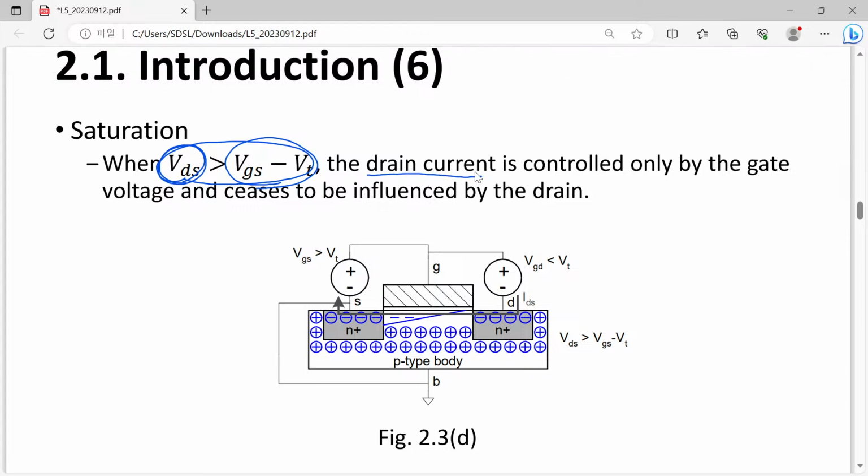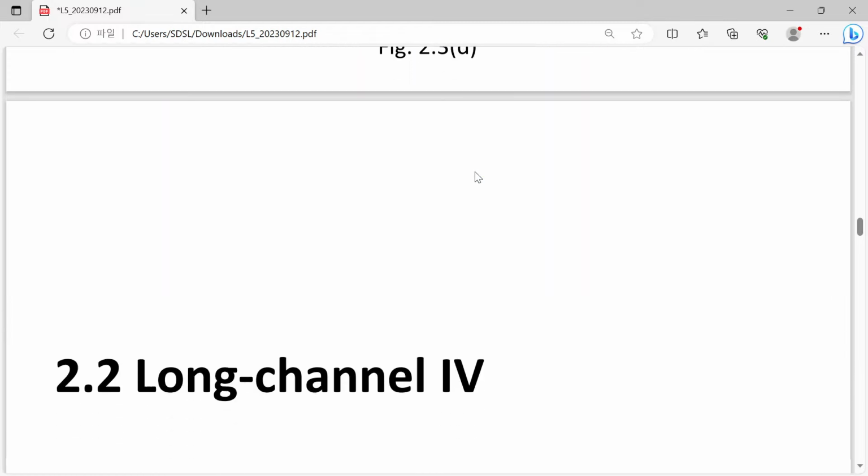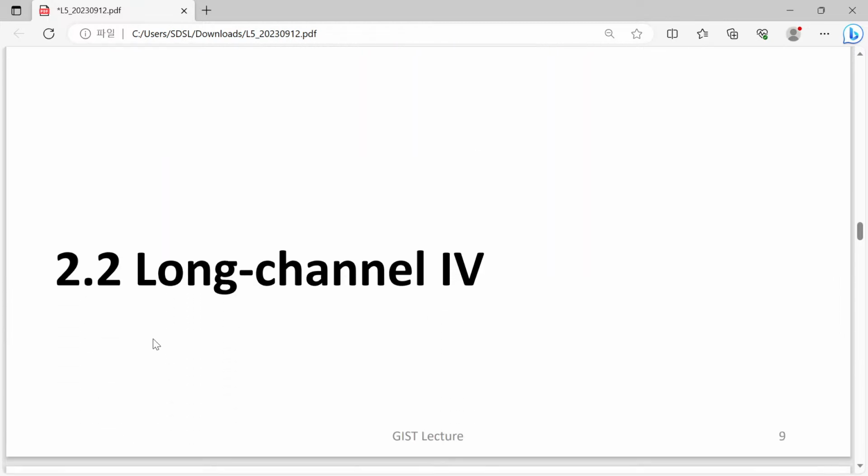We will have just a fixed or constant drain current, even when we apply higher and higher drain voltage. Okay, so we will revisit this immediately with the long channel IV characteristics.